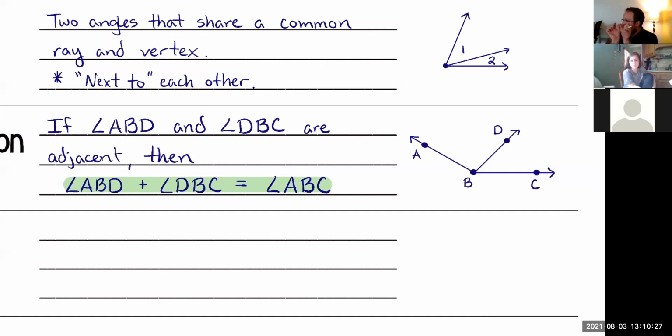So the sum of the little parts equals the big thing in a very non-technical sense. So Tara, does that answer your question as to where the D went in the large angle? Okay. So it's still there, but it was used to define the two smaller angles, not the greatest or the largest angle overall.